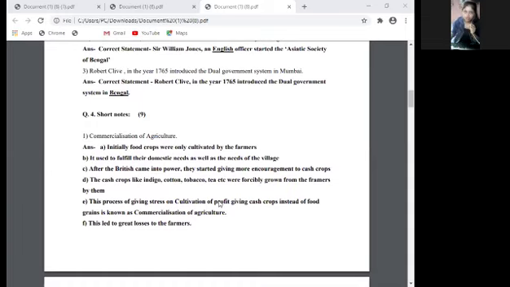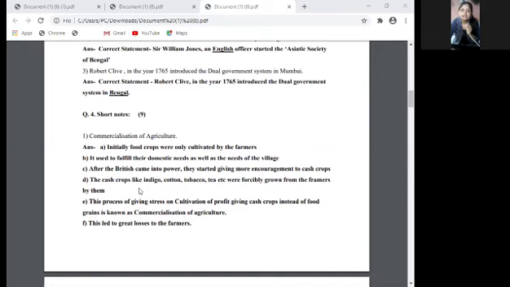Then we come to short notes. For example, if a short note is of 3 marks, just like this one, then you have to compulsorily write 6 points. More than 6 is fine, but 6 correct points should be written. So look at the answer. Initially, food crops were only cultivated by farmers. It used to fulfill their domestic needs as well as the needs of the village. After the British came into power, they started giving more encouragement to cash crops.